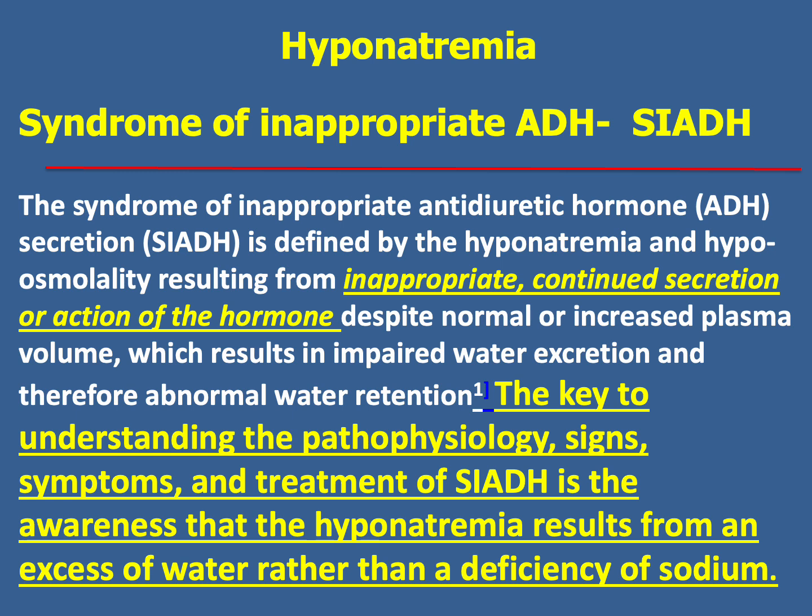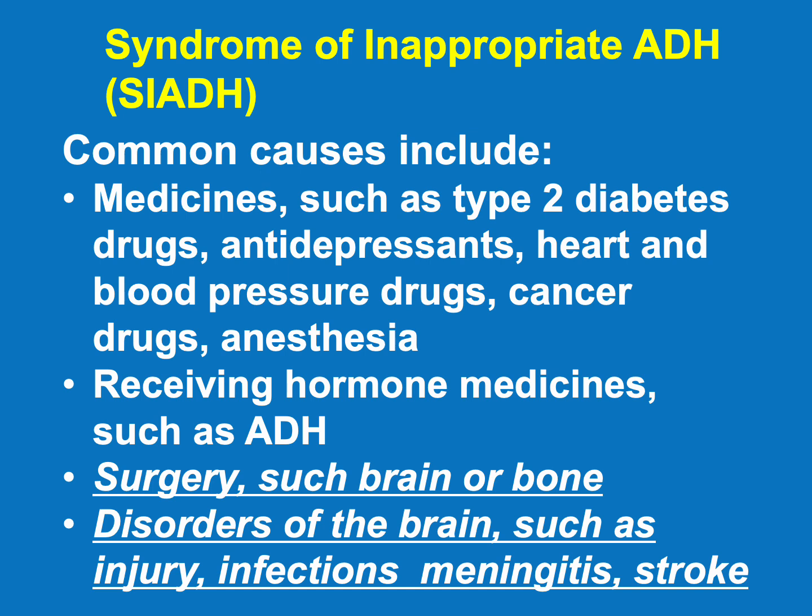The patient exhibits a low sodium with decreased serum osmolarity and increased urine osmolarity. The key to understanding the pathophysiology, signs, symptoms, and treatment of SIADH is the awareness that the hyponatremia results from an excess of water rather than a deficiency of sodium.